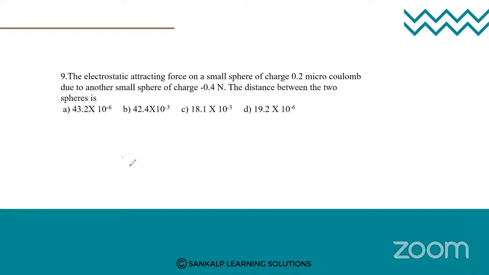If you make it 1.8 into 10 raised to minus 3, then it becomes 1.8 divided by 1000, which is equal to 0.0018. So now you take the square root of 0.0018.